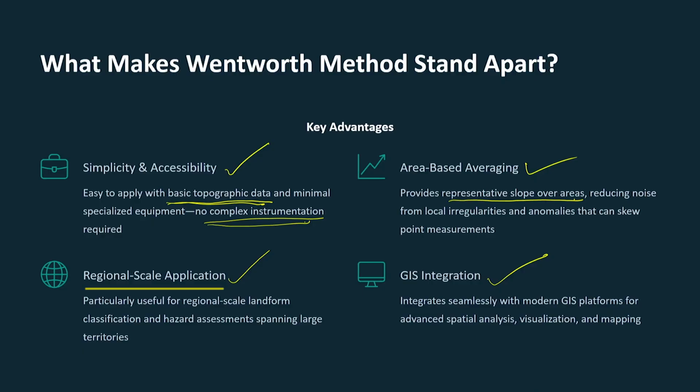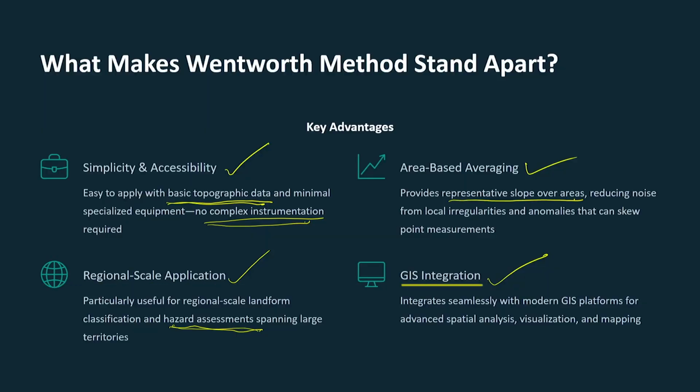Third one is regional application. Wentworth's method is particularly useful for regional scale landform classifications. It is even used for hazard management spanning large territories. This is particularly useful because Wentworth's method gives an overall picture of a particular area.